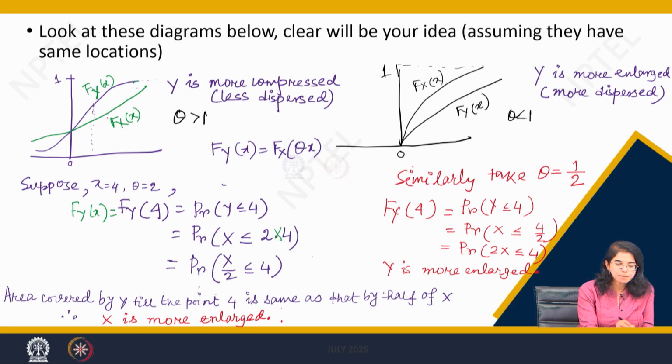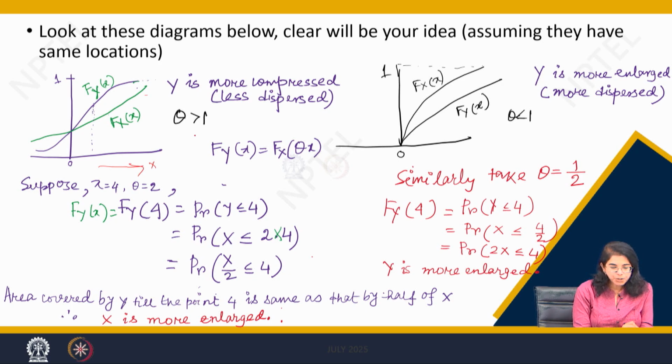These two are the distribution functions. Along the x-axis, all of the observational values are jotted down, and along the y-axis the distribution functions are drawn, one in purple color, another in green color. Now I am claiming that Y is more compressed. More compressed means less dispersed or less scattered, right?